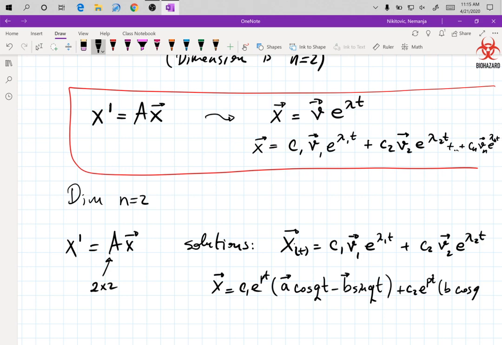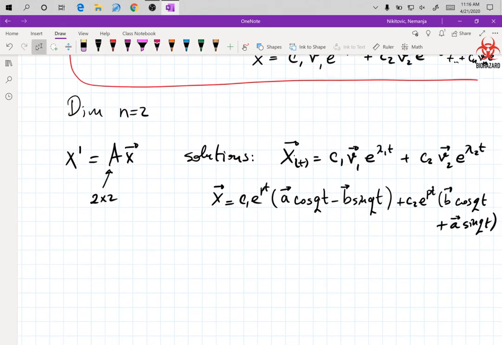Cosine qt plus a sine qt. So that is if the solutions were complex. And we also have one more for repeated eigenvalues.